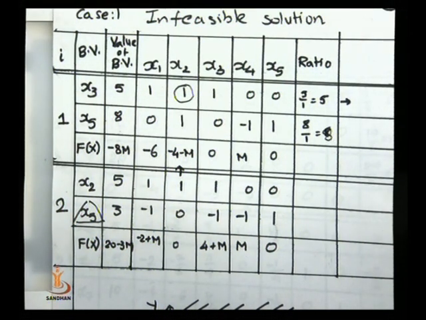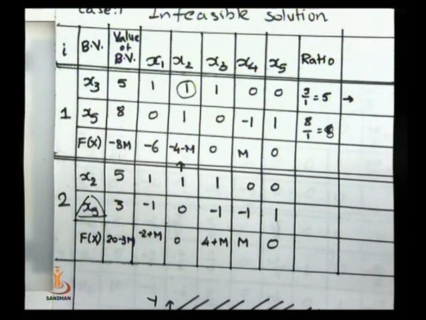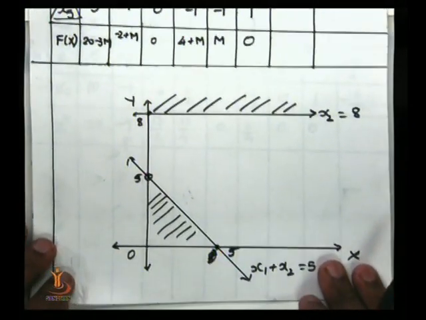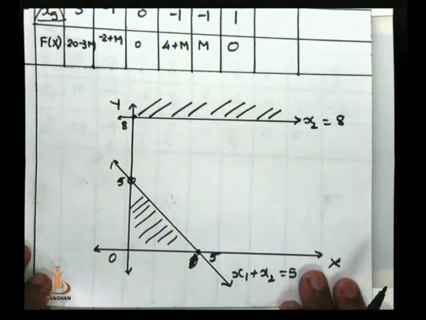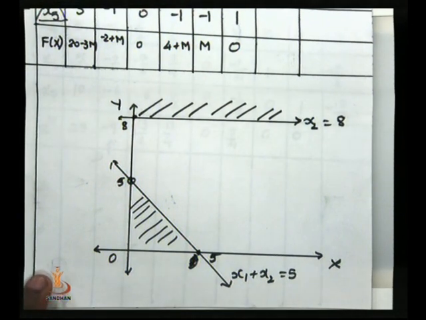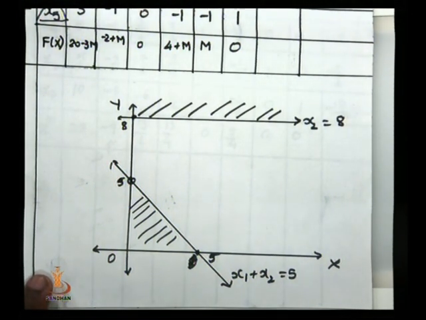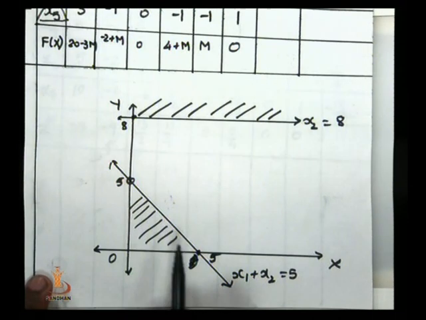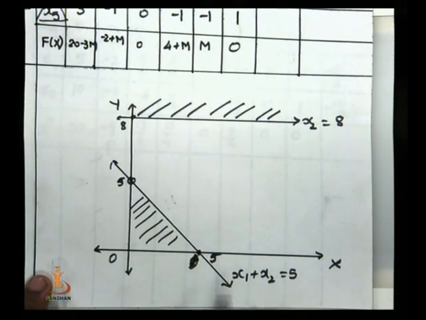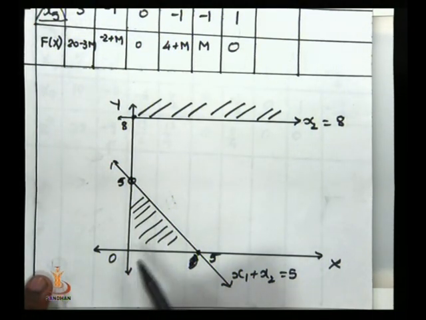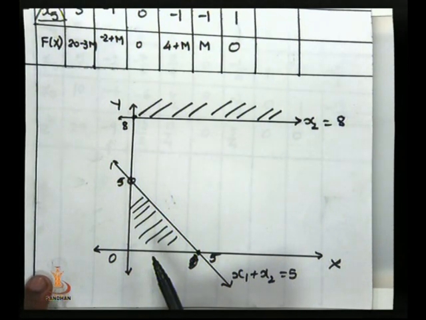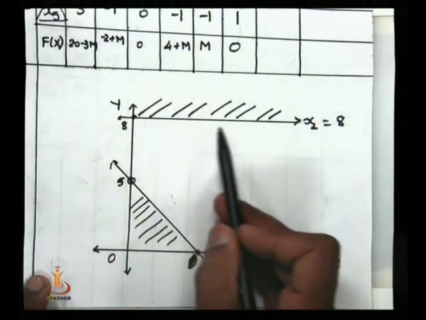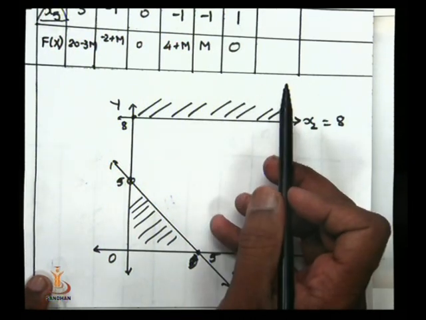If we draw the graph of this, then we get this kind of graph for those two equations. The first equation was x1 plus x2 less than or equal to 5, that represents this line x1 plus x2 equal to 5, and this is the region satisfying that constraint, and x2 greater than or equal to 8 is this line satisfying this side.